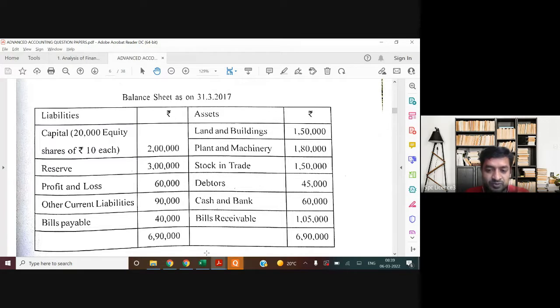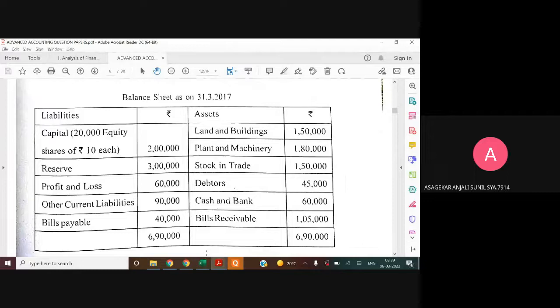Because as of now you do not know what is the test to measure the efficiency of the receivable department. Just like that, stock in trade is related to inventory management. If I ask you to please measure the efficiency of the inventory department, can you? You can't, because you do not know what is the test to measure the efficiency of the inventory department. Is it okay? Yes, sir.